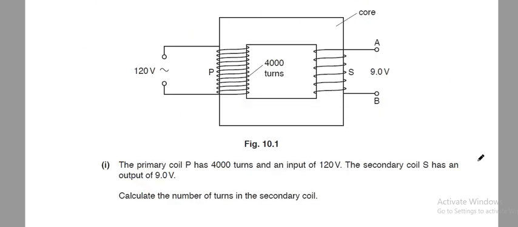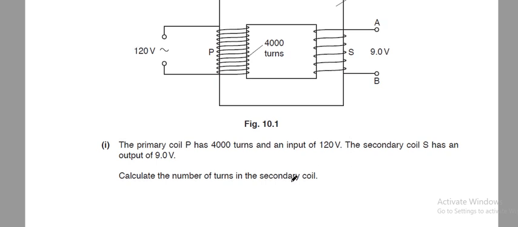Here is a transformer, primary coil 4000 turns and 120 volt, and secondary coil 9 volt. We will certainly ask about the number of turns in the secondary coil.